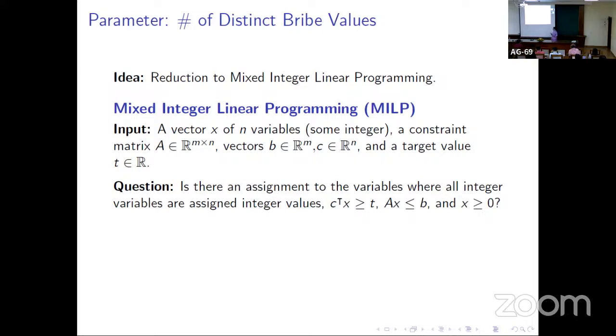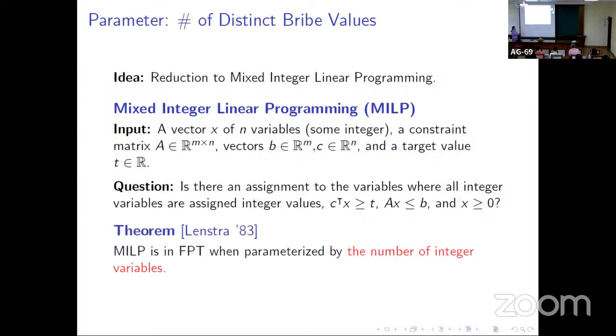The question is: is there an assignment to the variables such that these constraints are satisfied and the variables that were supposed to be integers are integers? There is a very nice result by Lenstra, who proved that MILP is FPT when parameterized by the number of integer variables. So if the number of integer variables is small, then this problem is FPT.